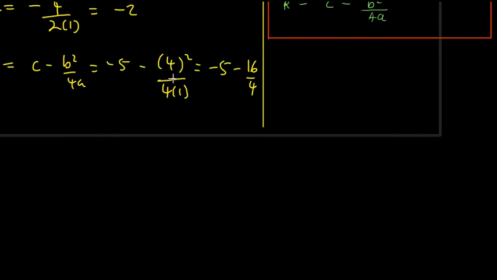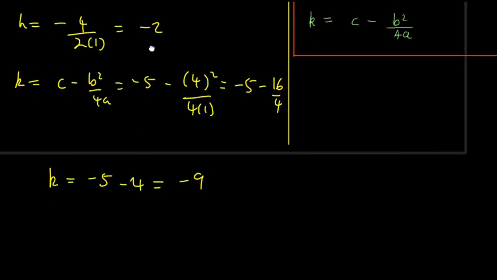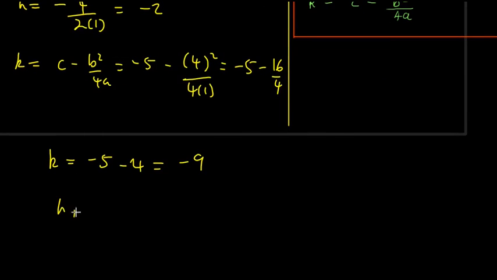So our final result is k is equal to minus 5 minus 4, which is minus 9. So we have h, k to be minus 2, minus 9.